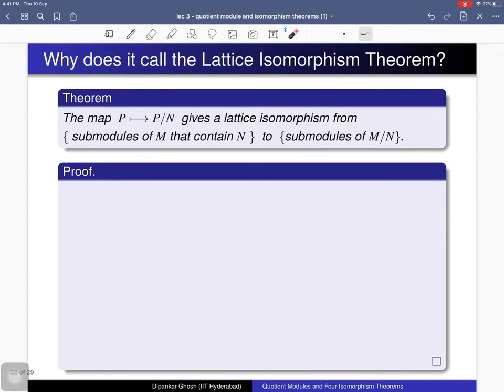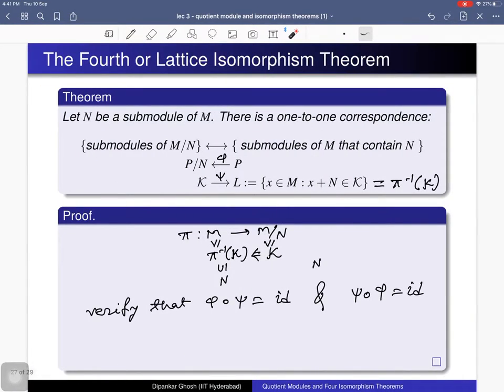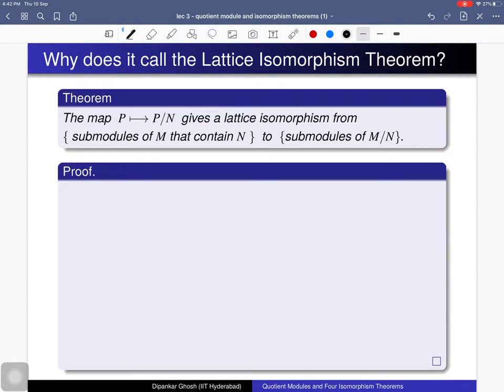Now here we should argue that this correspondence is not only a bijective correspondence, but it gives a lattice isomorphism. What I mean by that is that this correspondence phi and psi respect the partial order.